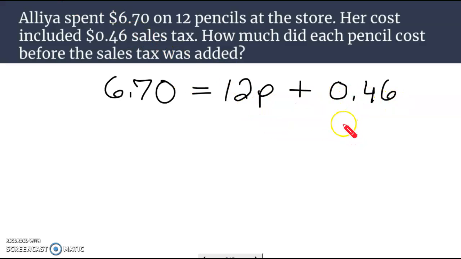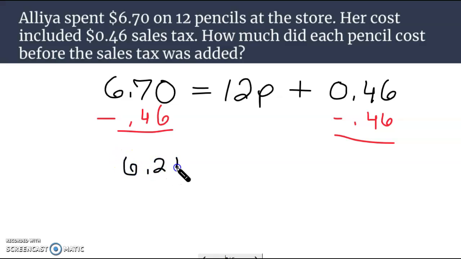First thing we're going to do, subtract away the 0.46 from both sides. And then we have 6.70 minus 0.46, $6.24 equal to the 12P, and then we need to divide by 12 on both sides of this equation.